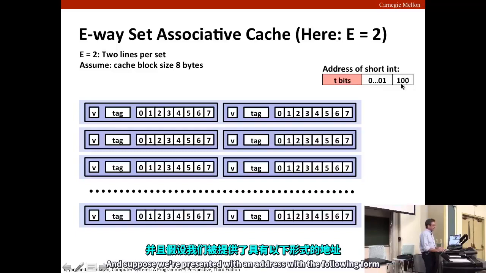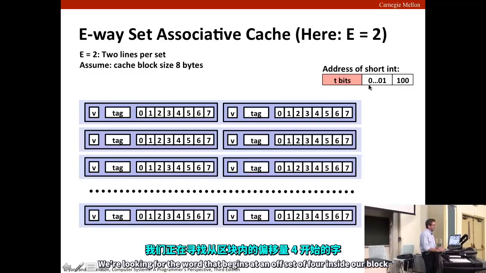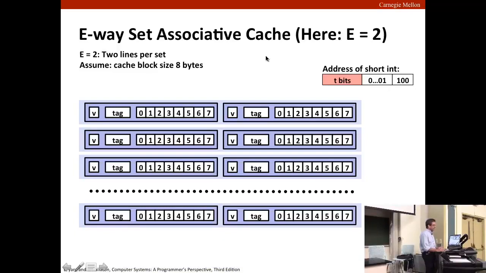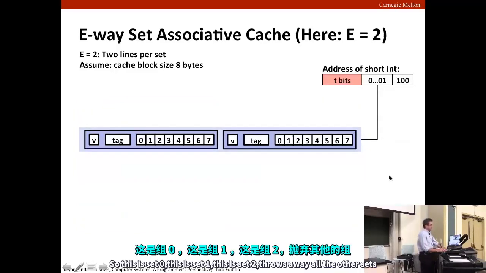Suppose we're presented with an address of the following form. We're looking for a word that begins at an offset of 4 inside our block within set number 1. So the cache extracts that set index. This is set 0, this is set 1, this is set 2.